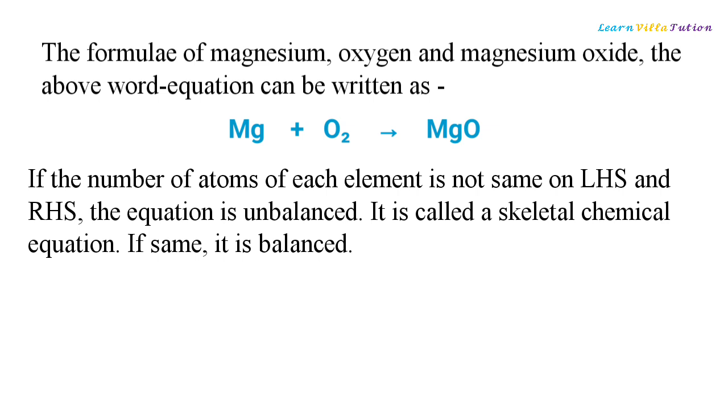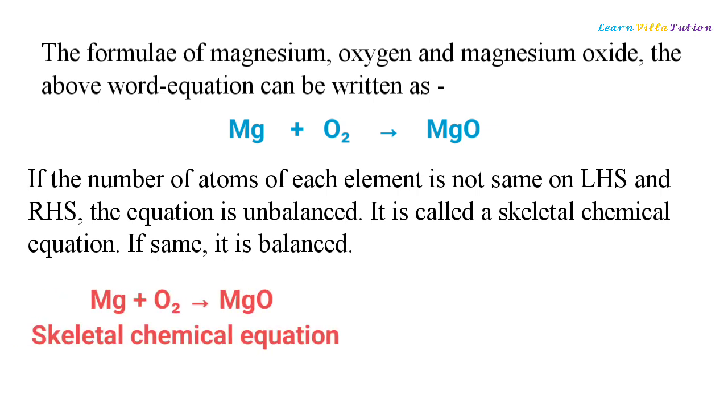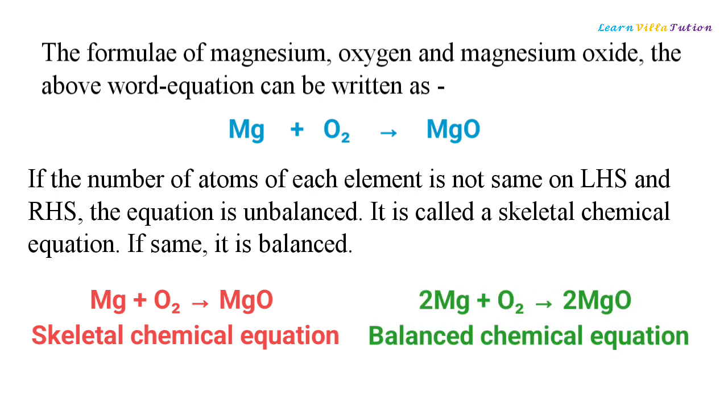If the number of atoms of each element is not the same on LHS and RHS, the equation is unbalanced. It is called a skeletal chemical equation. If the same, it is balanced. Mg plus O2 gives MgO is a skeletal chemical equation. 2Mg plus O2 gives 2MgO is a balanced chemical equation.